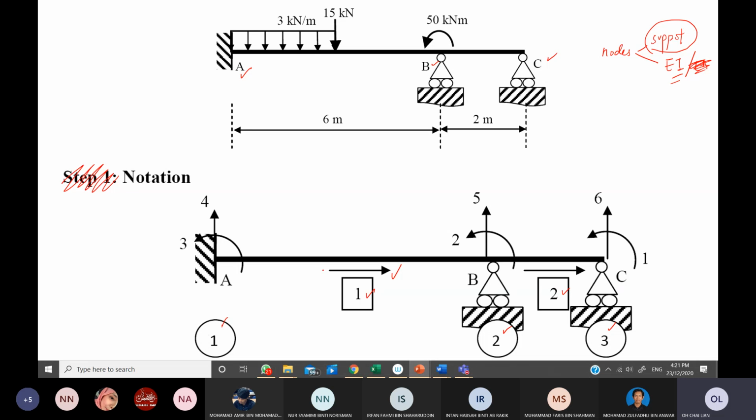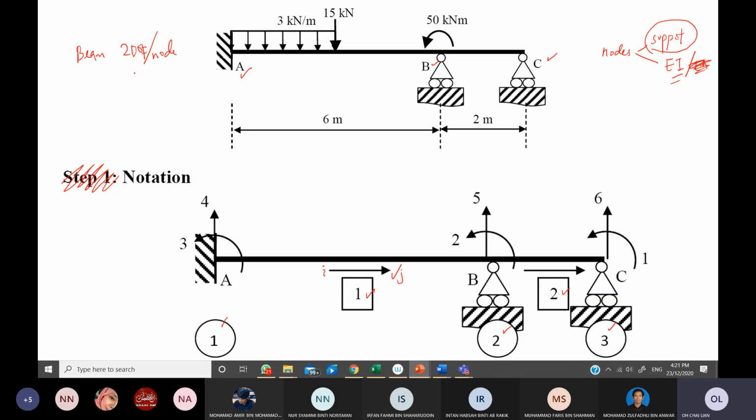The beginning of the arrow is the near end, I, and the end of the arrow is the far end, J. So B will be the far end for element 1, and A will be the near end for element 1. This will be used later. Then you need to know that for a beam, there will be 2 DOF per node.